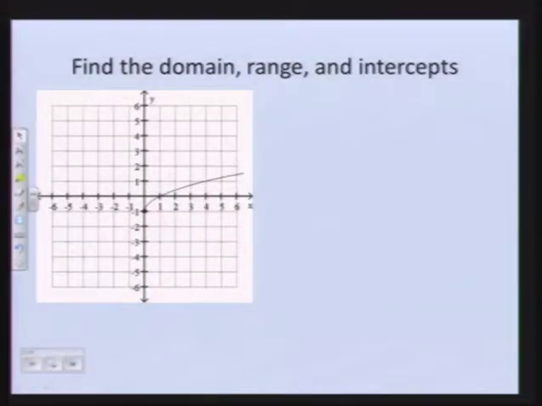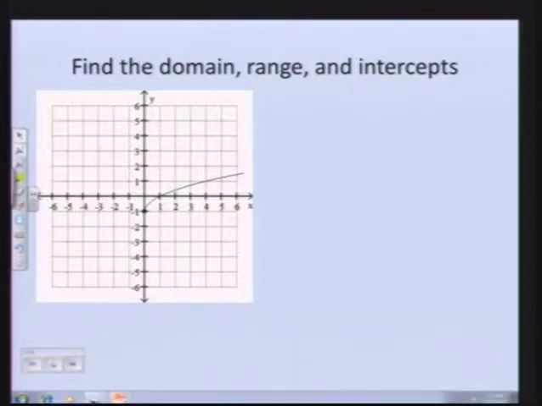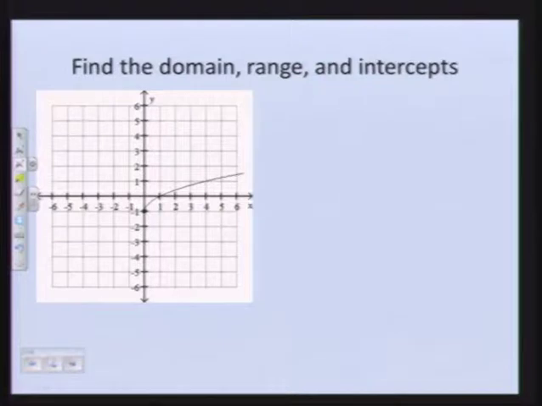In this particular graph, happens to be a square root function. We're given our graph. We want to find the domain, the range, and the intercepts. Now, here the graph has a point. As you can see, it starts on the left. And on the right, it doesn't really do that. It just looks like it's going off the side of the paper.